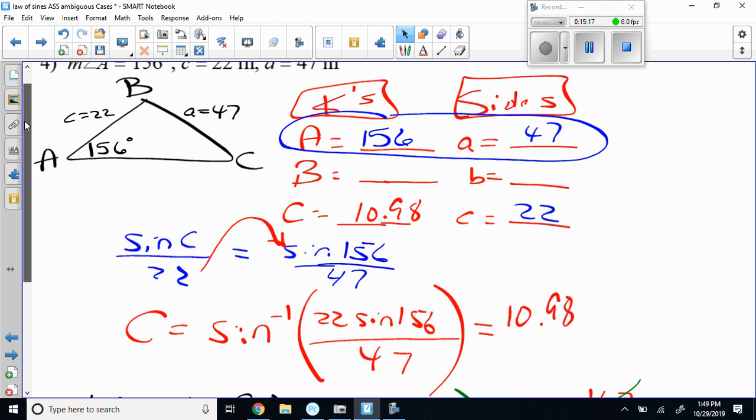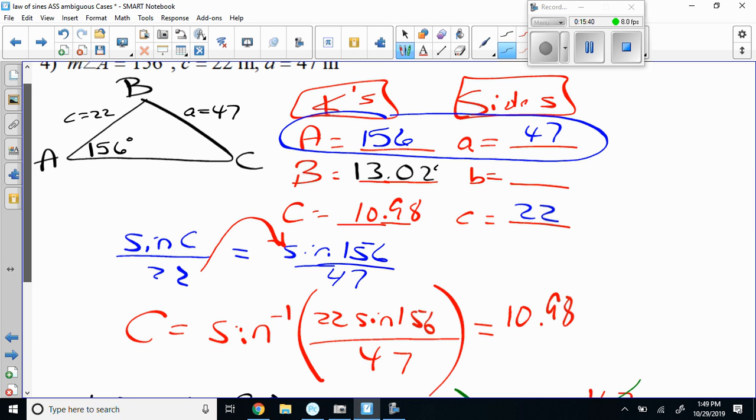I can find angle B, can I not? How do I find angle B? That's right. 180 minus 156 minus 10.98 gives me what? 13.02. Okay?